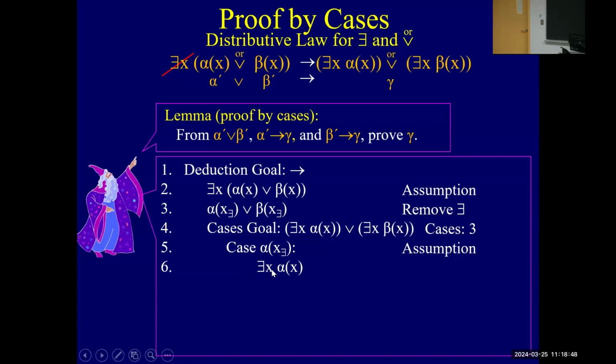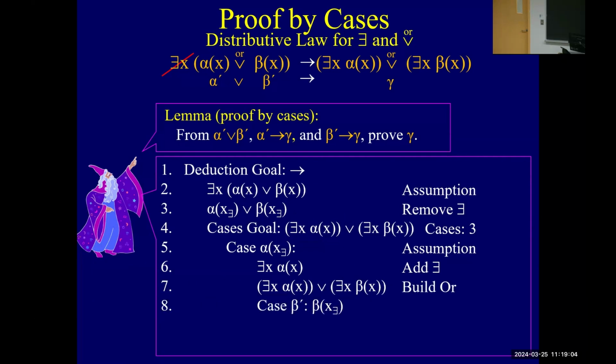So we first build that: if it's true for this, then there exists something for which it is true. And then, if this side of the or is true, then the whole or is true. And then that's done. And so then you do the other side.